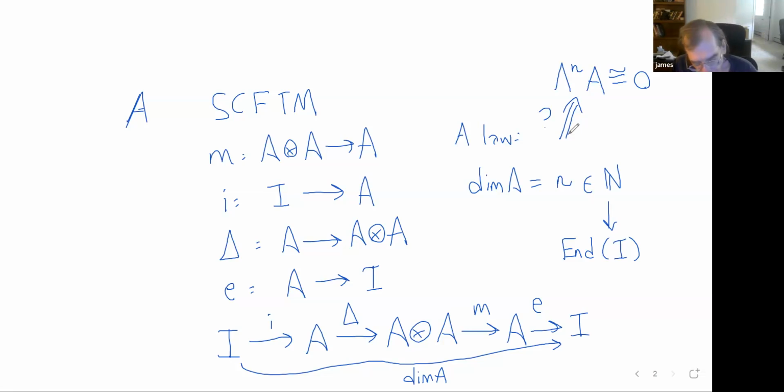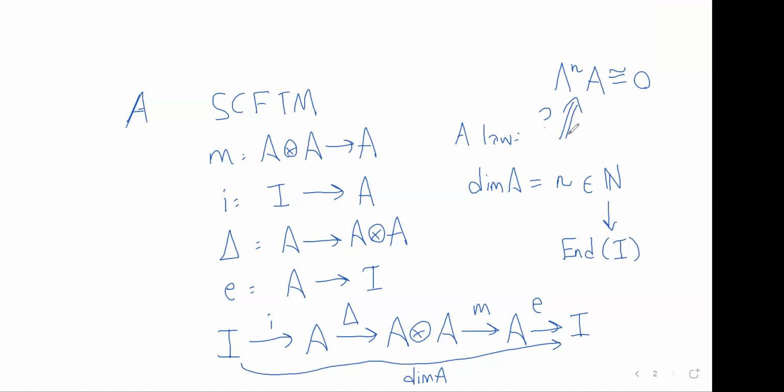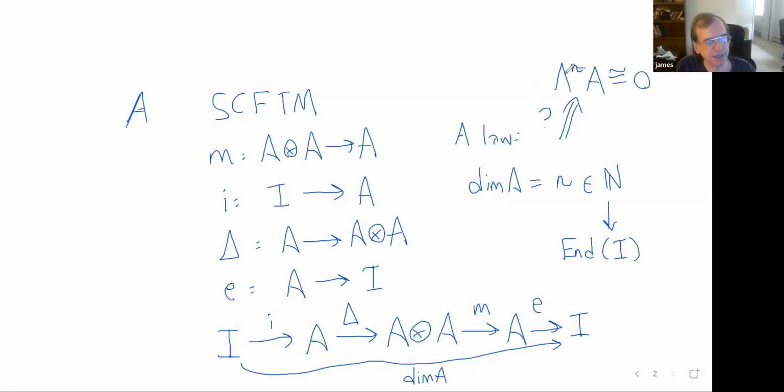In some sense, that's a very weak notion of dimension. One of the other notions, which you already mentioned, is you can ask for the n+1th exterior power to be the zero object.